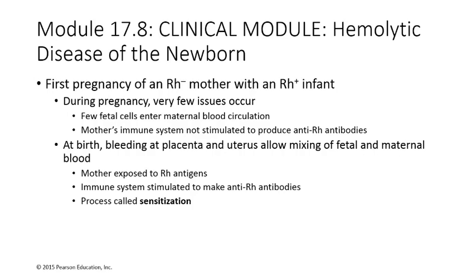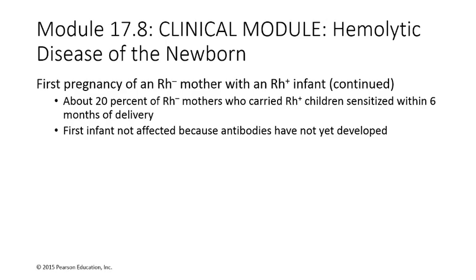It's almost like she's been vaccinated with or against Rh. So when the next child comes along that is also Rh positive, right, then there can be some problems. Now, about 20% of Rh negative mothers who carried an Rh positive child are sensitized within 6 months of delivery.